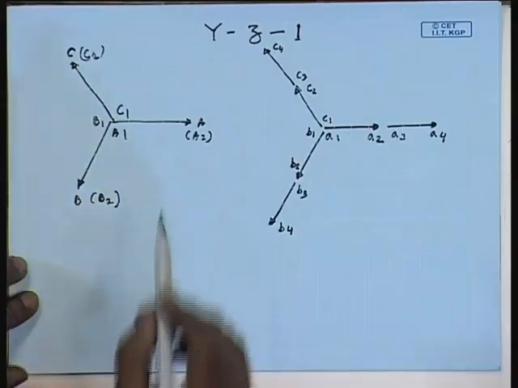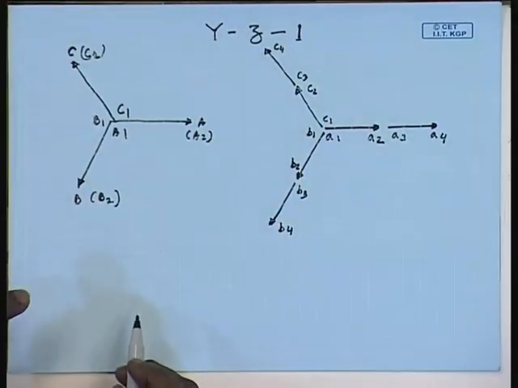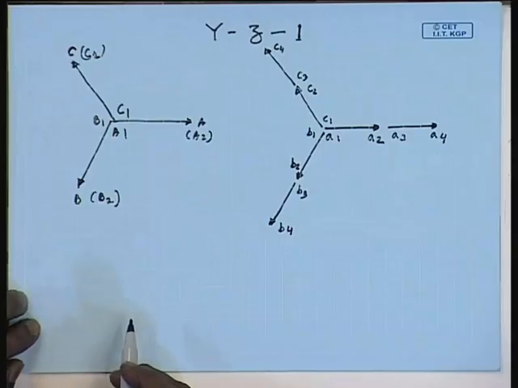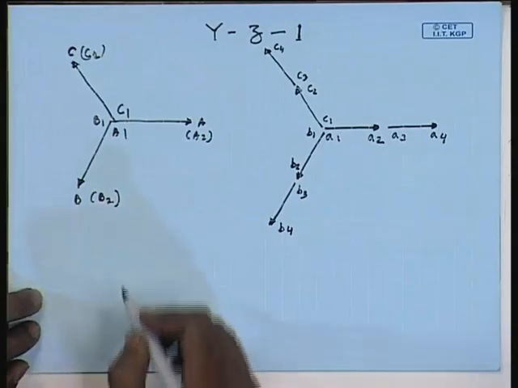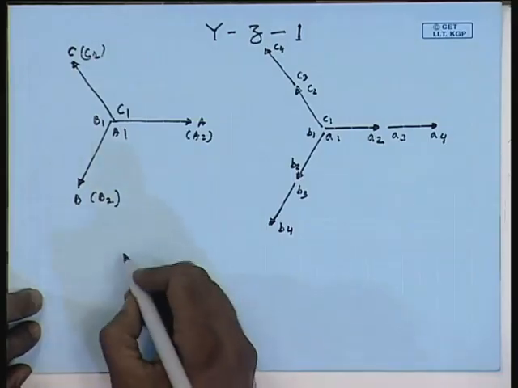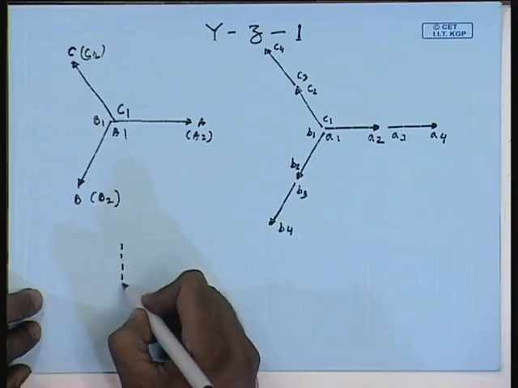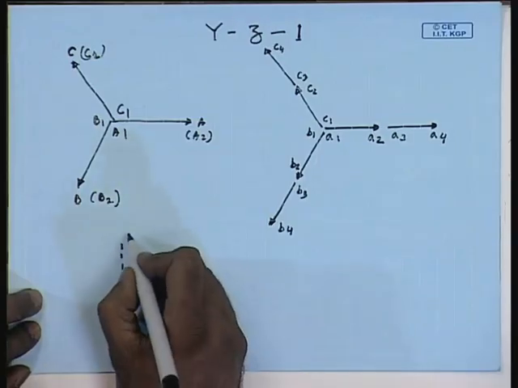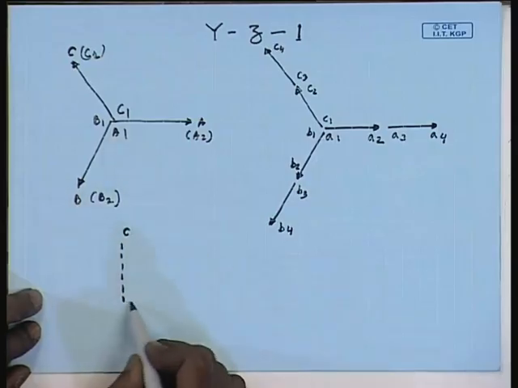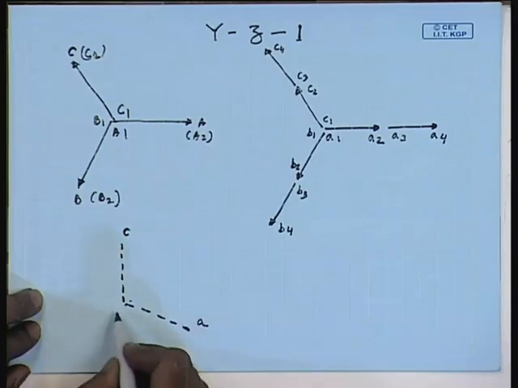Since this is DZ1, the low voltage side line to neutral voltage phasor must lag the high voltage side line to neutral voltage phasor. Therefore, the line to neutral voltage phasor of the low voltage side should look like this: this should be C, this should be A and this should be B.